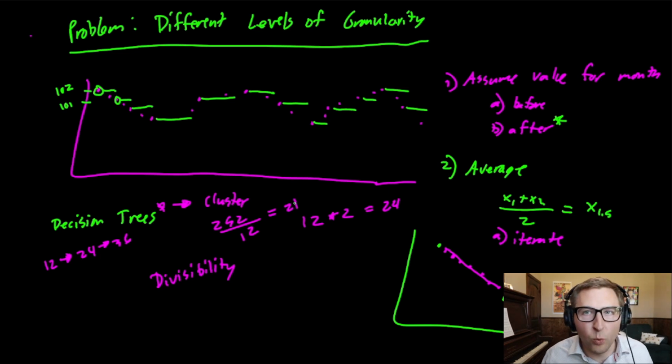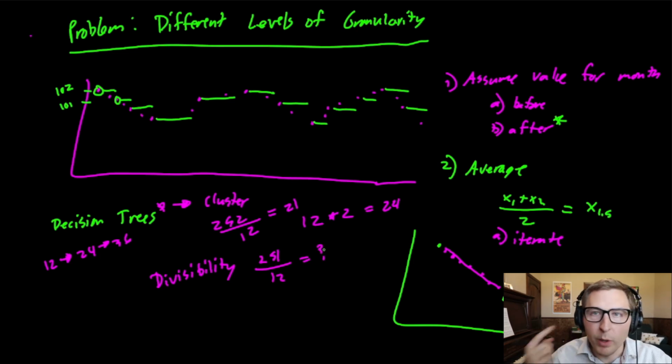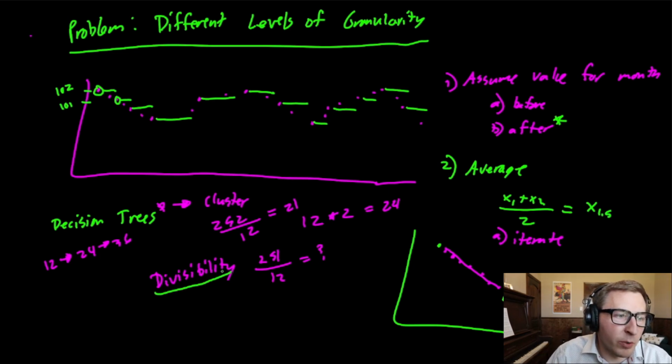So in this case, it's divisible. But in many, many cases, it's not going to be divisible. You might have to switch it. So let's say it's a leap year or something, and we actually have 251 trading days. We have to divide by 12, right? This isn't going to be a whole number here. And in most scenarios, when you're working with different sorts of data, you run into this divisibility issue where we just can't divide out to get to the proper format here.